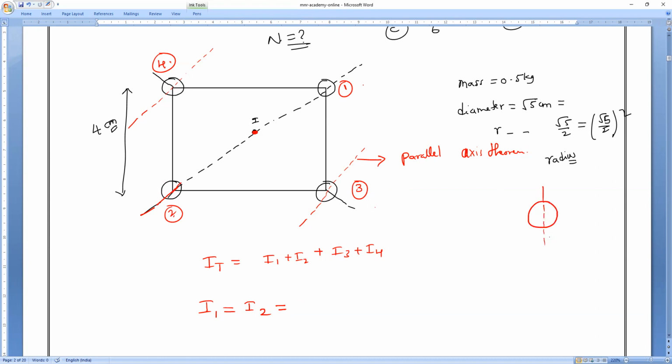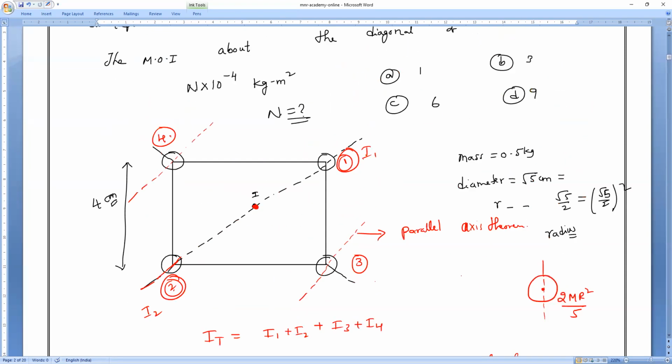Already we have calculated: 2 mr square by 5. So I1 is equal to I2, which is 2 by 5 mr square, because it is passing through the center of mass.